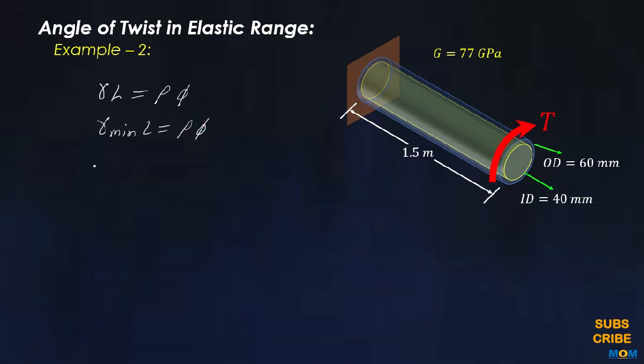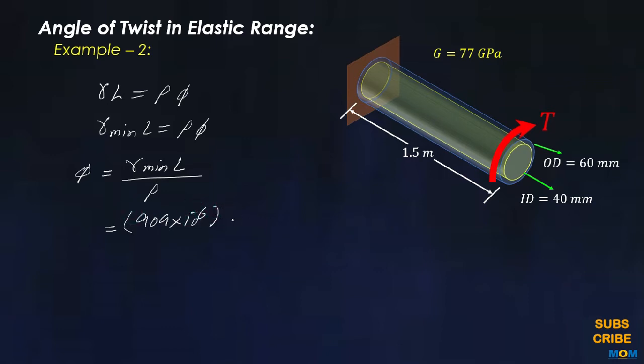So we have to find the value of this phi. So phi is equal to gamma minimum L upon rho. Now the value of gamma minimum, that is 909 into 10 raised power minus 6.